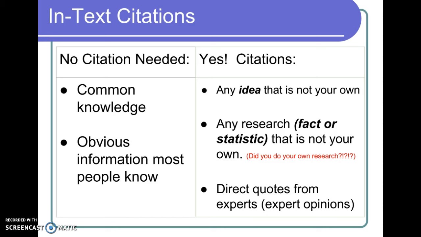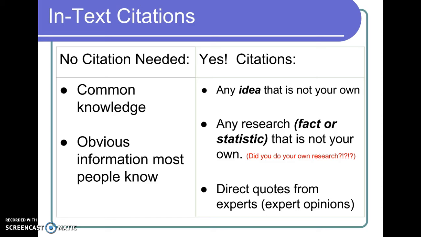Moving on to in-text citations. So, no citation is needed when you're writing about common knowledge or obvious information most people already know. And we said these were the details before, but really you're going to be using your own words to explain things that are common knowledge.